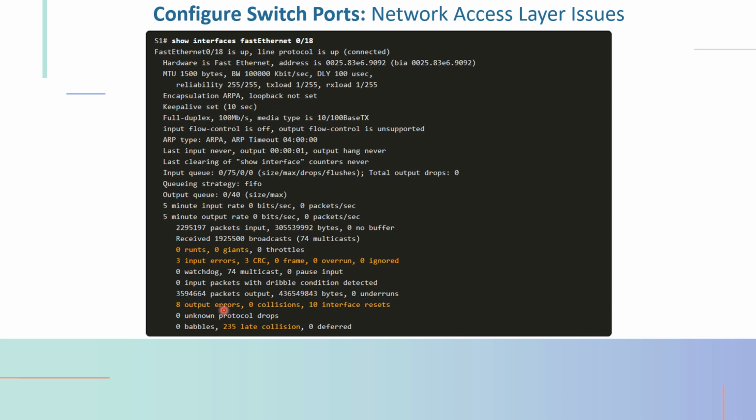We have here collisions and late collisions, where collisions are the number of messages retransmitted because of an Ethernet collision, and a late collision occurs after 512 bits of the frame have been transmitted. And depending on those errors, we have interface input errors and interface output errors.